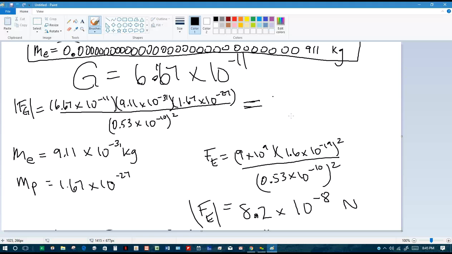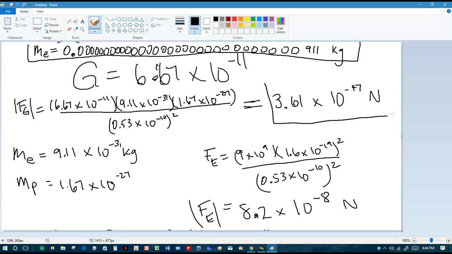I got a 1.01 and maybe still a negative 67. Okay, now I got 3.61 times 10 to the negative 47. Yeah, that's what I got.